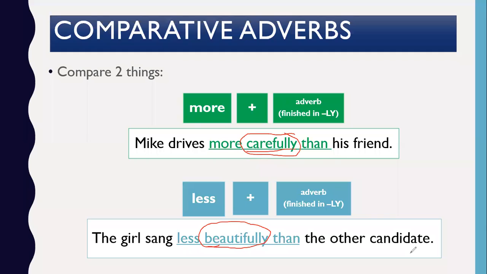Kurang bagus dibandingkan kandidat yang lain. So we've got more and less, isn't it? But here, what we have is comparing two things using adverb. Good.